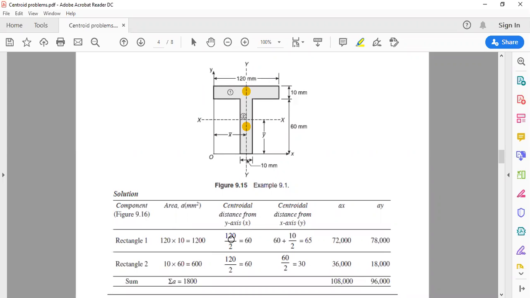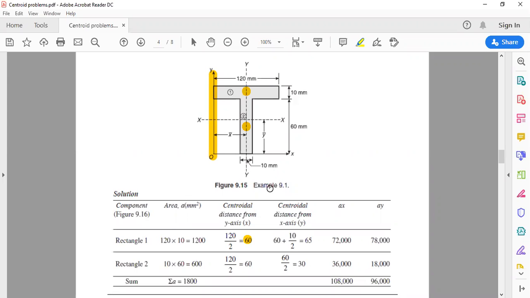If you refer to the chart, you can clearly see that.